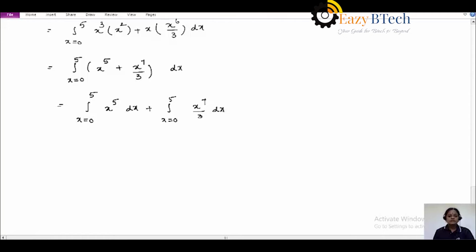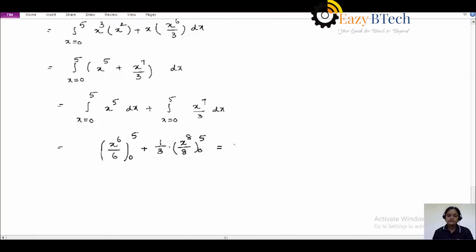Students, x power 5 integration is x power 6 by 6 from 0 to 5. When you are doing the integration, there is no need to write the integral symbol here. So x power 6 within the limits 0 to 5, and 1 by 3 common. For x power 7 integration is x power 8 by 8 from 0 to 5.